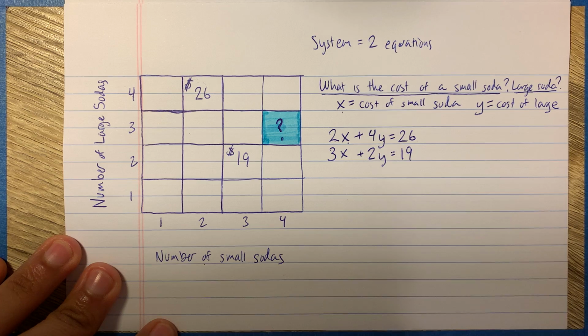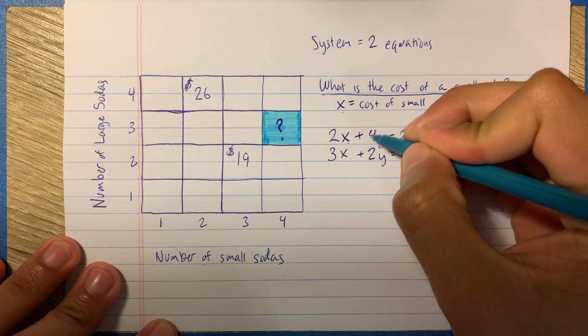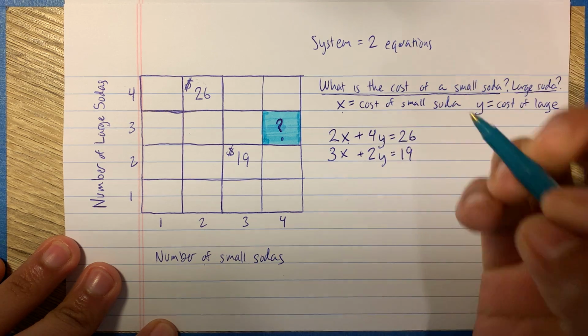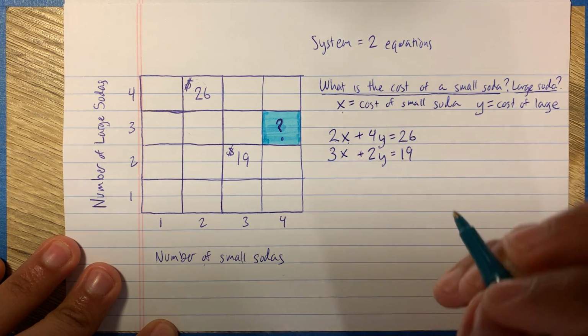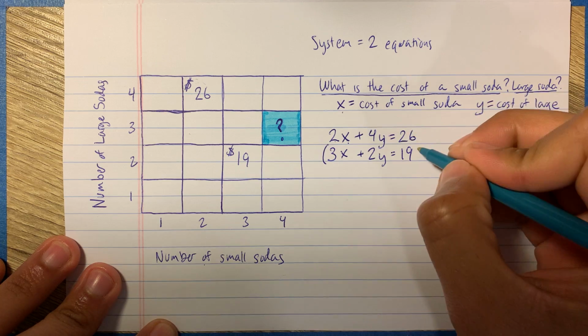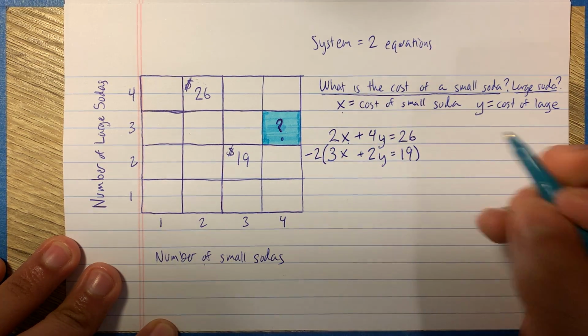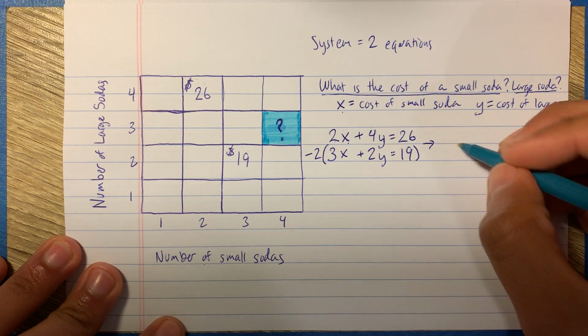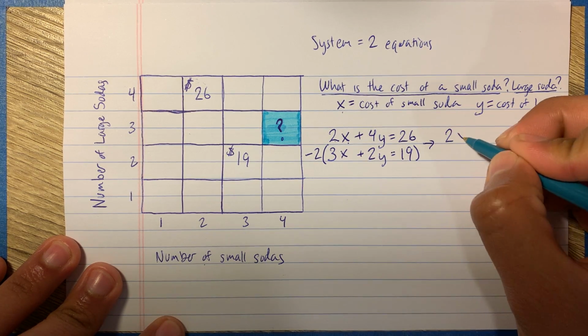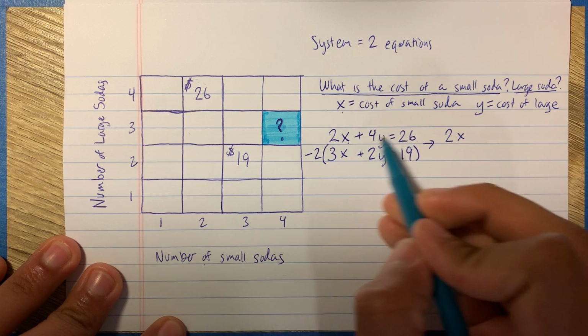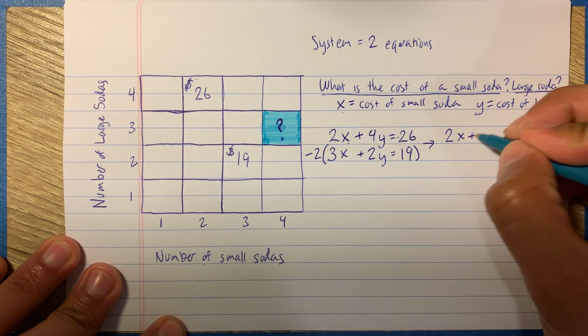To me, it looks like the easiest way to solve this is using elimination, because I can make a 0 pair here. There are a few ways to do this, but I'm just going to show you one way. I'm going to multiply everything in this equation by -2. My first equation doesn't change, so I'm just going to copy it over here.